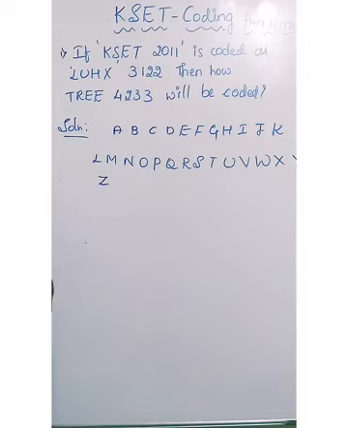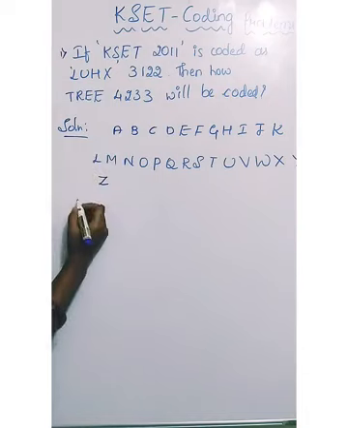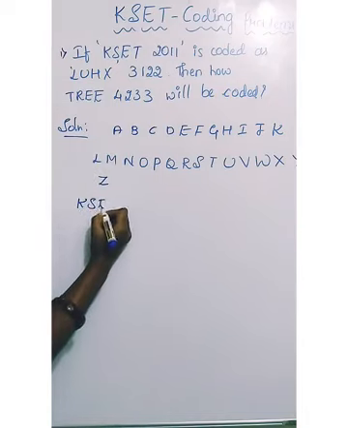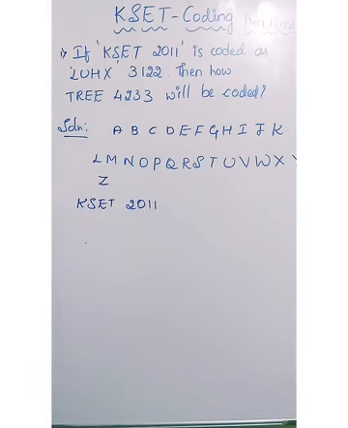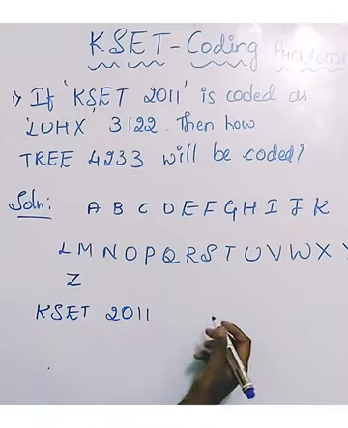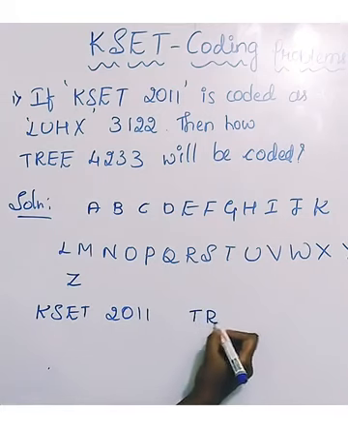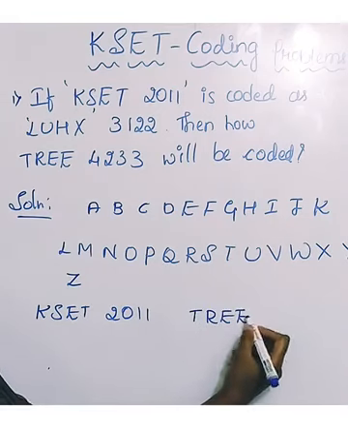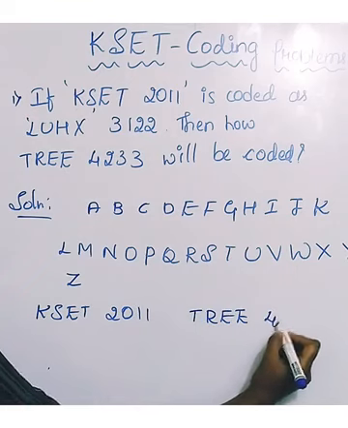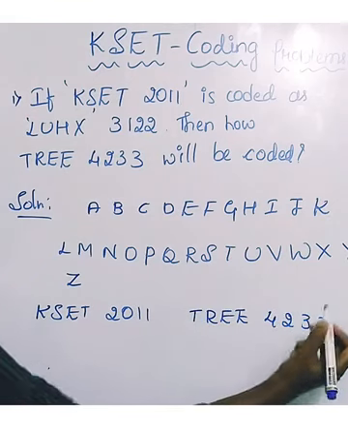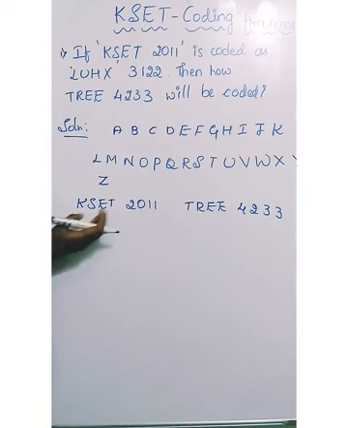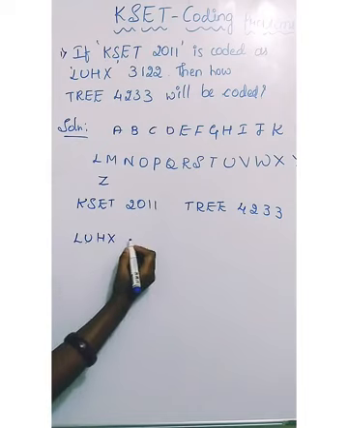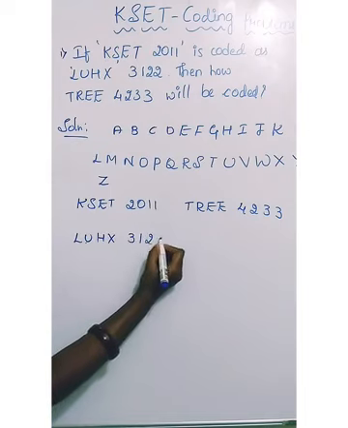First of all, here you see KSET 2011, and what we need to find is TREE 4233. Now KSET 2011 is coded as LUHX 3122.